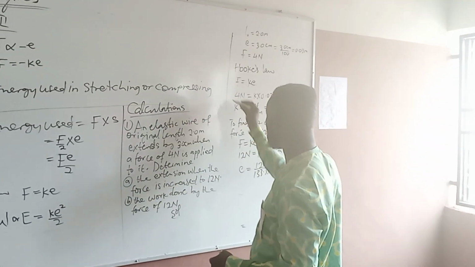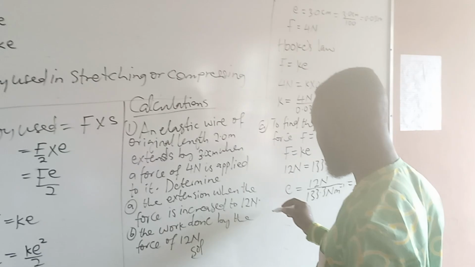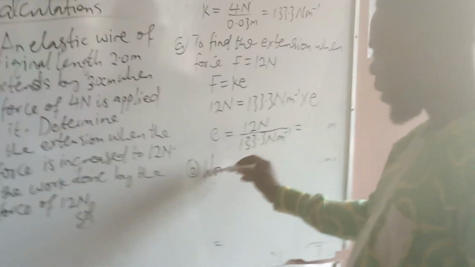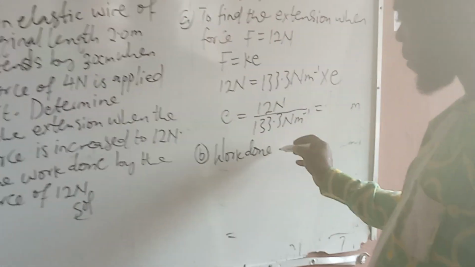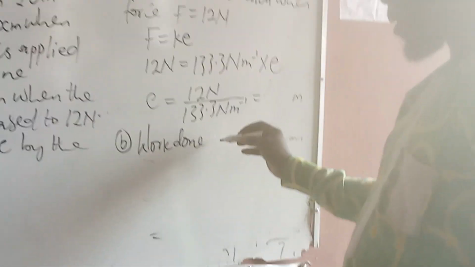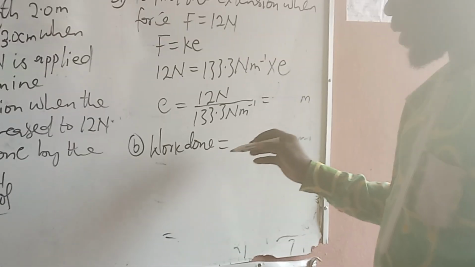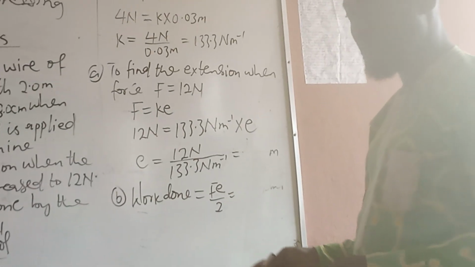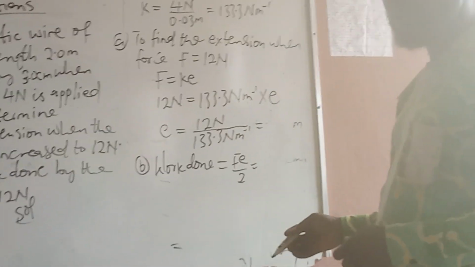We've answered question A. Question B says, work done, or elastic potential energy stored in the material, is equal to Fe over 2. You can use any of those relations. We go with this one, Fe divided by 2.